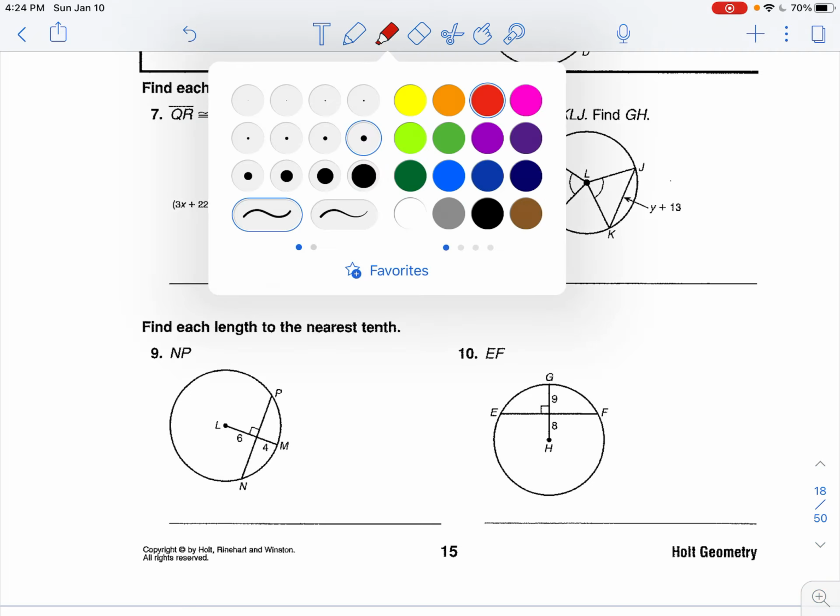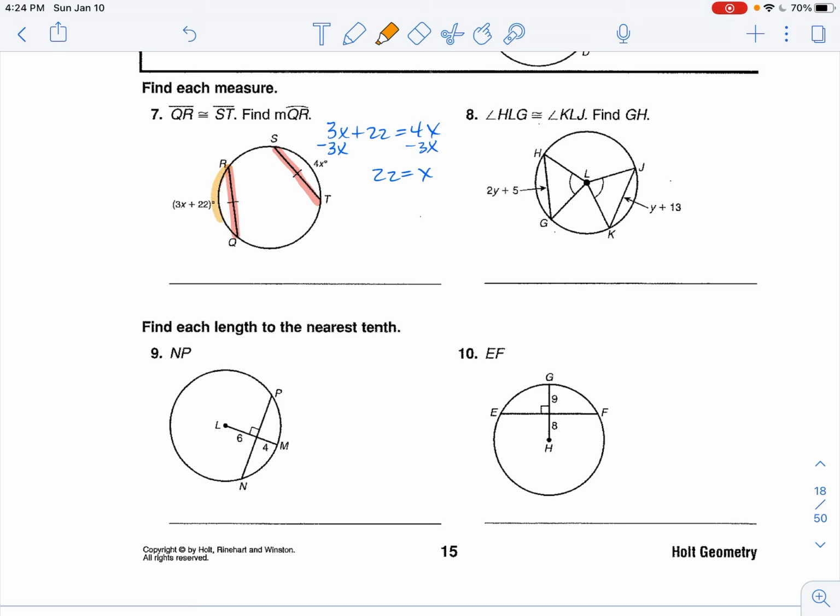If I want to find the measure of arc QR, I need to substitute x equals 22 in for the x. So this is going to be 3 times 22 plus 22. So 66 plus 22, and this is going to give me 88.